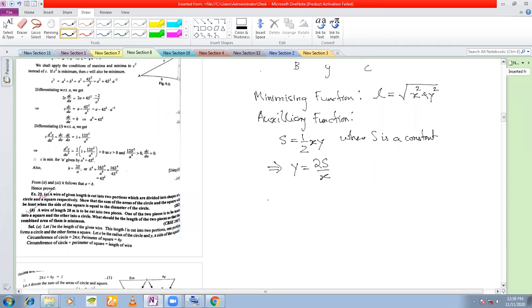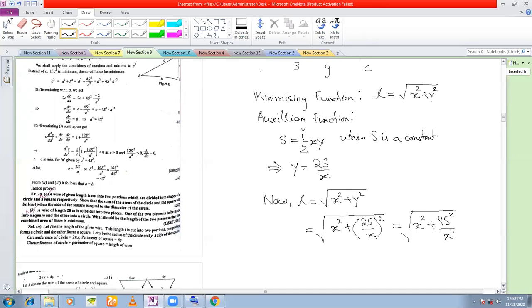Now we can put this in the minimizing function. Now L is equal to root over of x square plus y square, which is equal to root over of x square plus, and what is y? It is 2s by x. So now what do you see? Your minimizing function is only in terms of x. X square plus 4s square by x square, right?